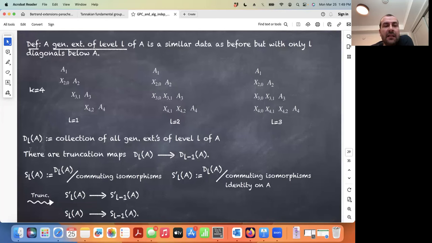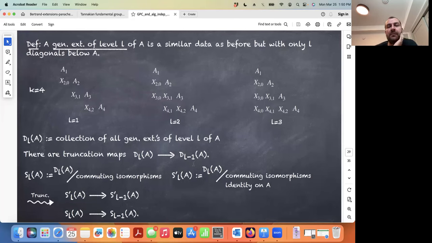By DL, I mean the collection of all generalized extensions of level L. As I said, I want to go diagonal by diagonal. So you have these natural truncation maps from level L to level L minus 1. All it does is erase, or ignore, the lowest diagonal.